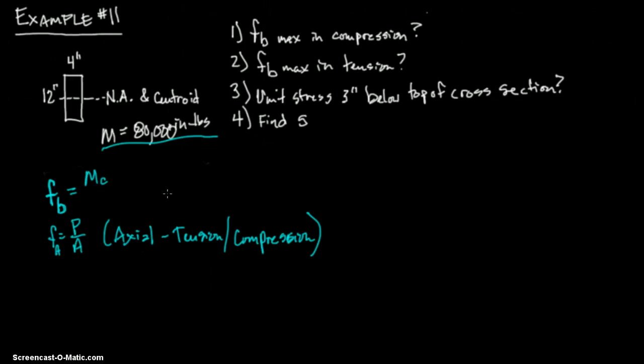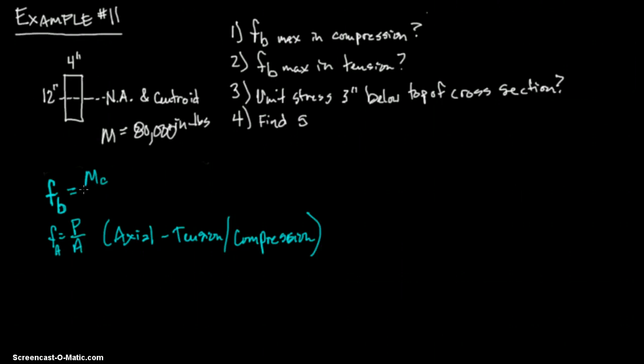You figure out the max moment, and that's what you design your beam for. Your I is the I of your cross section, and since this is a rectangular cross section, it's going to be BH cubed over 12.